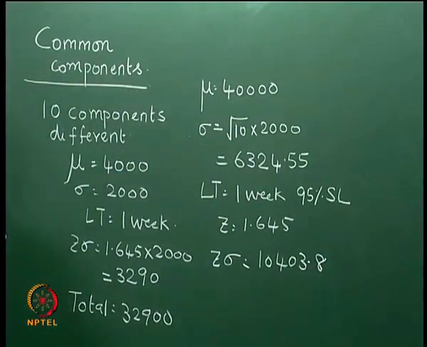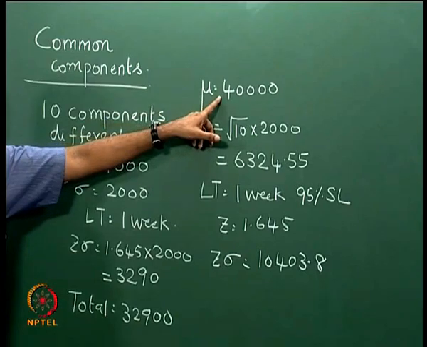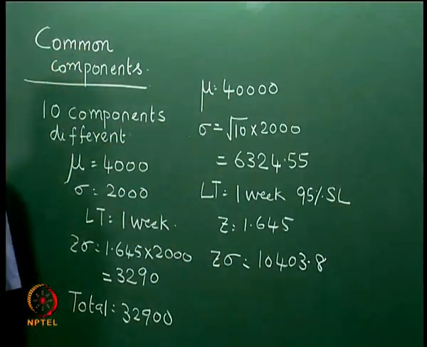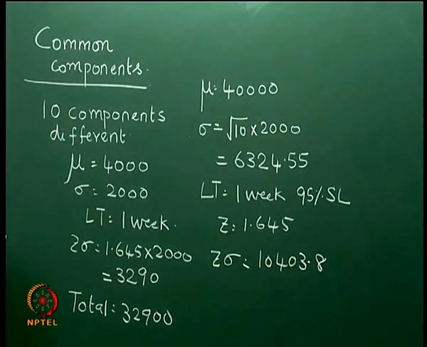So, once again we observe that the safety inventory that we have in the case of common components is much lesser than the safety inventory that we have in the case of different components.